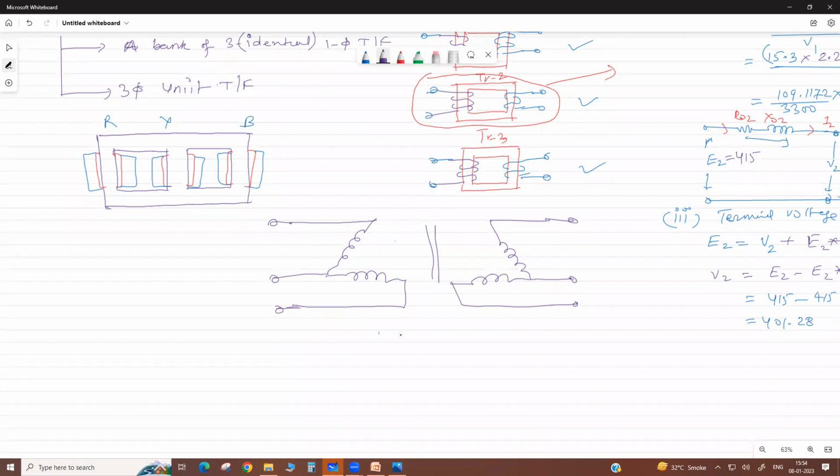That is called VV connection or open delta. In open delta connection, we can operate R, Y, B. We get a three-phase supply also.